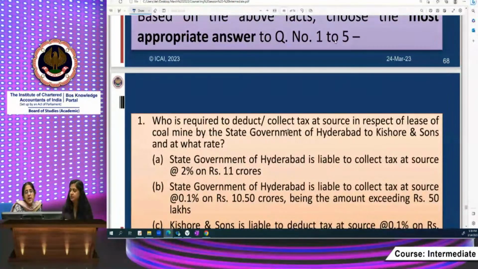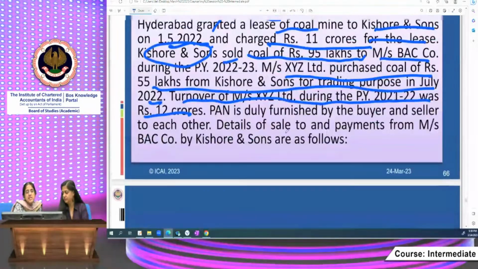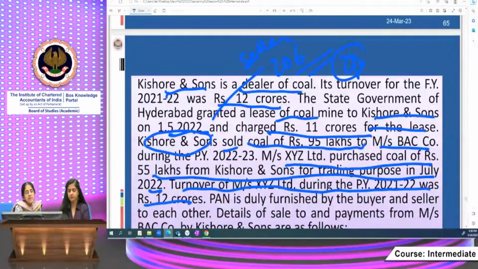Now let's see what the questions are. Who is required to collect tax at source in respect of lease of coal mine by the state government of Hyderabad to Kishore and Sons and at what rate? This is a case covered by 206C(1C). There's a lease of a coal mine by the Hyderabad state government to Kishore and Sons, and they've charged 11 crores for that. So under 206C(1C), the lessor, that is the state government of Hyderabad, has to collect tax at source at 2% of 11 crores.